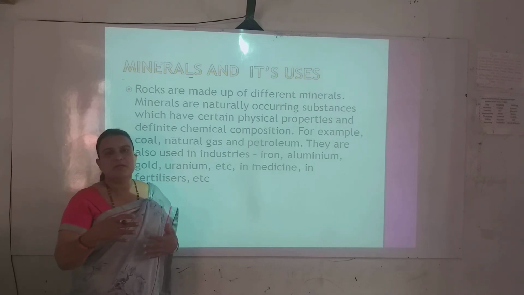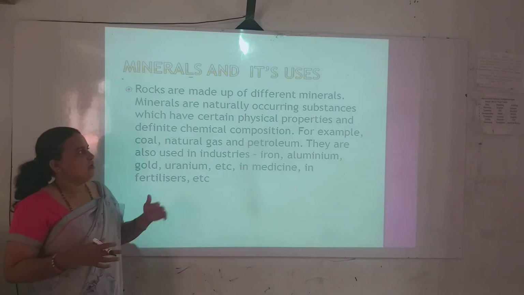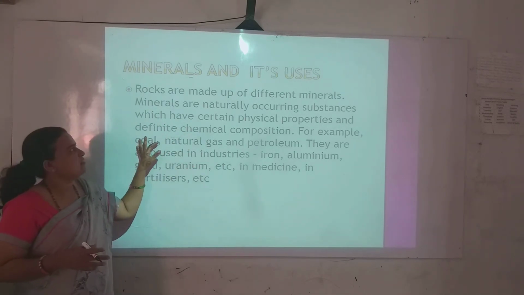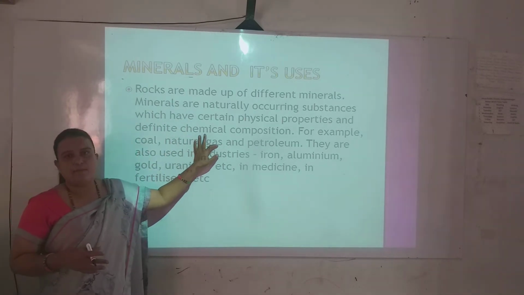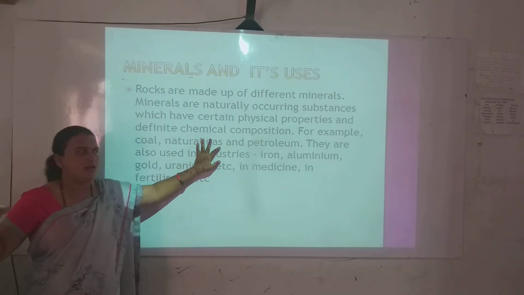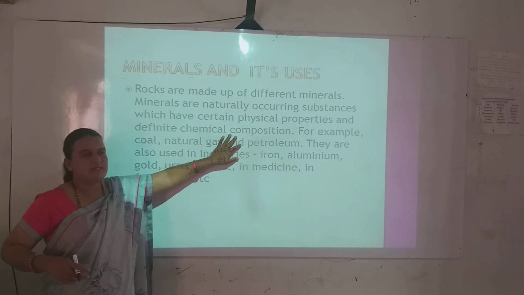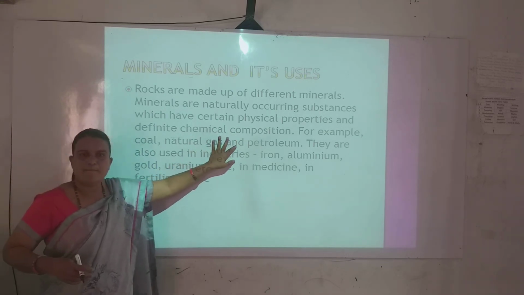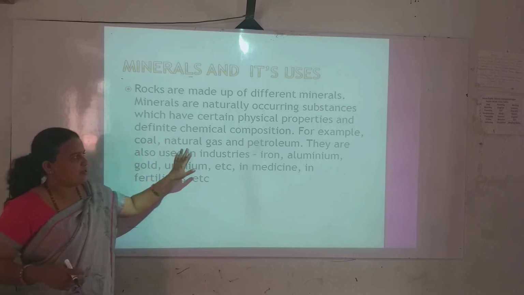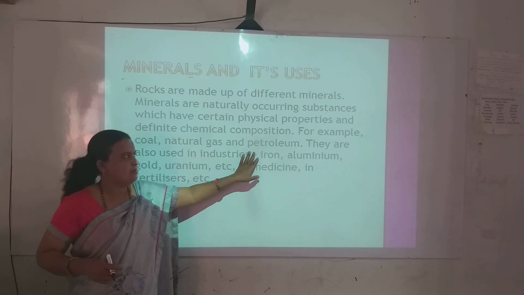Due to those various minerals, the types of rocks are formed, which have certain physical properties and definite chemical compositions. So rocks differ from one another due to their physical properties as well as chemical composition. For example, coal, natural gas and petroleum.